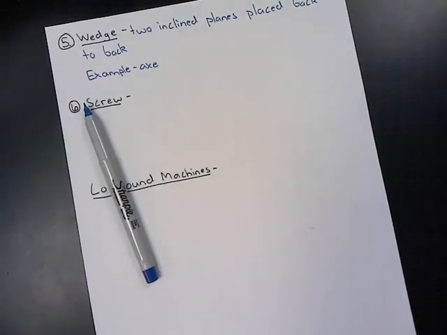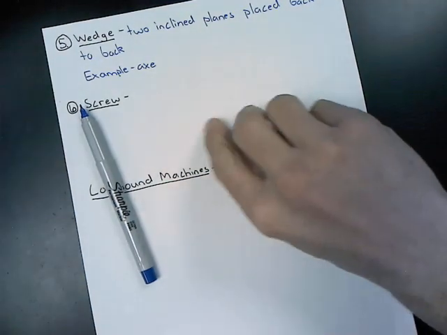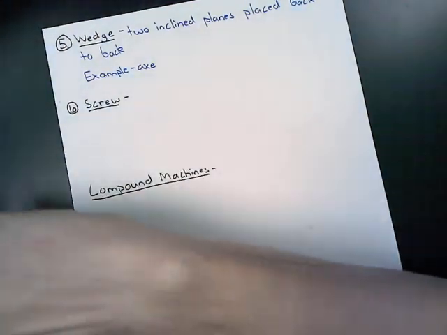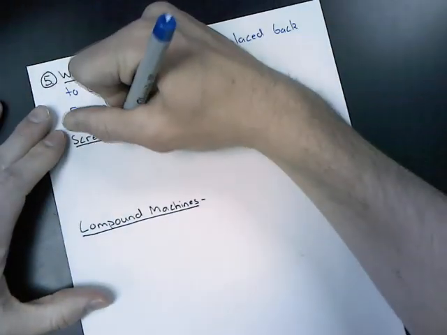We then move down to the last simple machine, and that is a screw. And so with a screw, what you have here is an inclined plane wrapped around a cylinder.